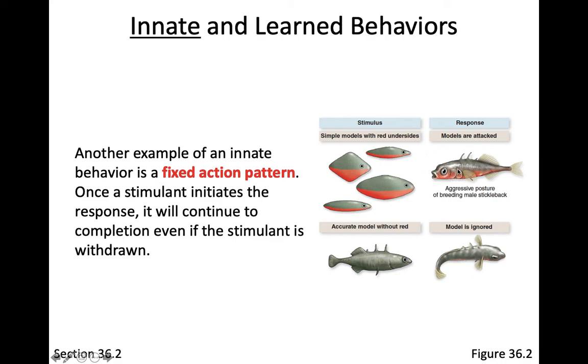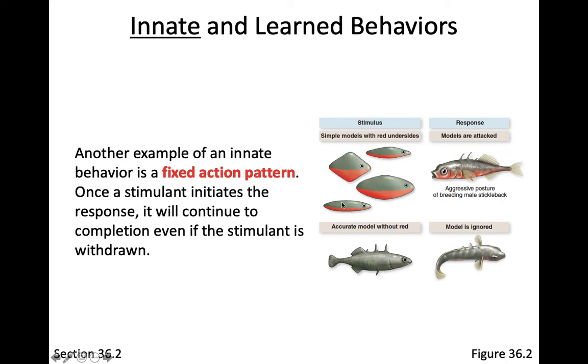It's going to trigger them to go into that instantaneous, you're going to steal my mates, I'm going to kill you, get away response. Now, if you get rid of the red stomach, you can give them a 100% accurate representation of a male stickleback fish. It just doesn't have the red on it, and the males will totally ignore it.